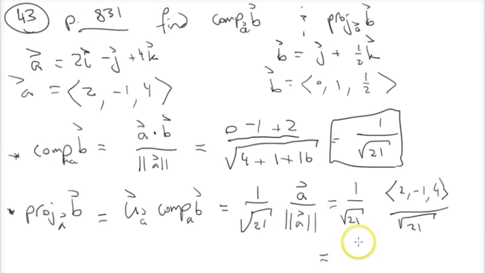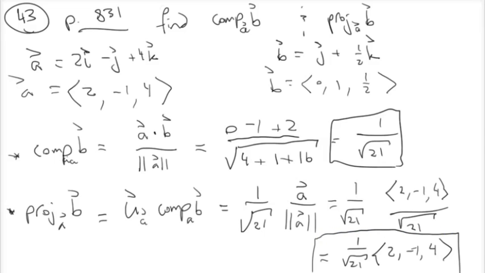So that is 1 over root 21 times 2, negative 1, and 4. If you want to write this with everything inside the brackets, just distribute that 1 over root 21 to all the components. Otherwise, that is the projection of the vector B projected on A.